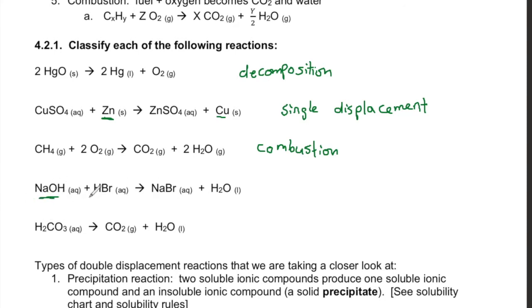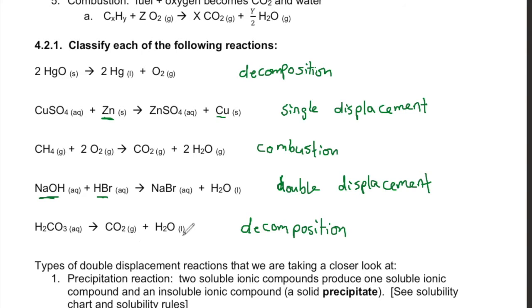Since both of these things are compounds and they are switching partners, this is a double displacement. And this last reaction over here, we have 1 thing going to 2 things, and so right away we know this is a decomposition. The 2 things that it does become happen to be carbon dioxide and water, but this is not a combustion reaction because we do not have a fuel and oxygen as our starting materials. This is a decomposition reaction.